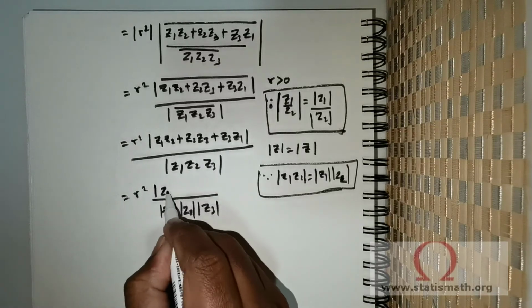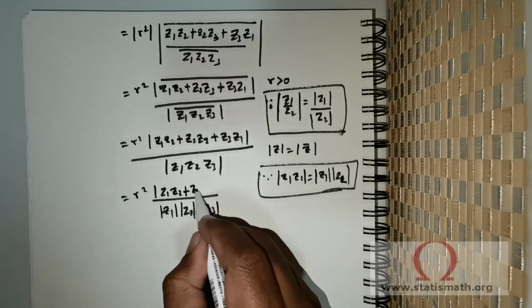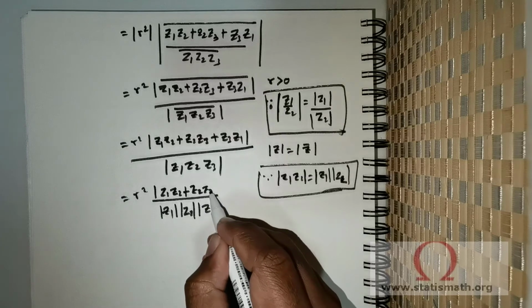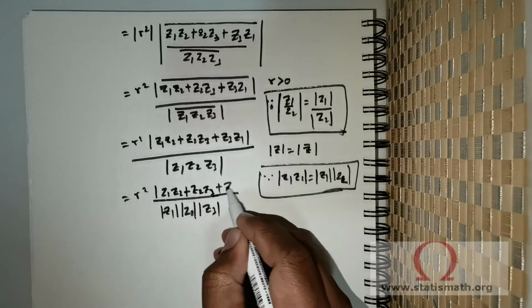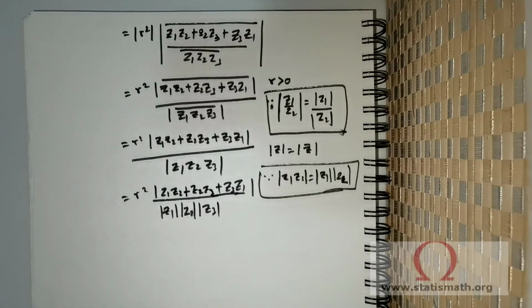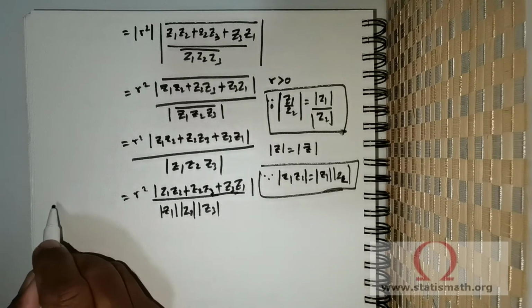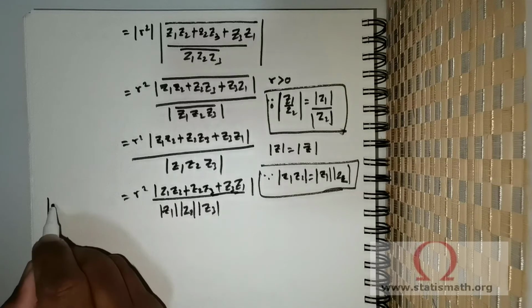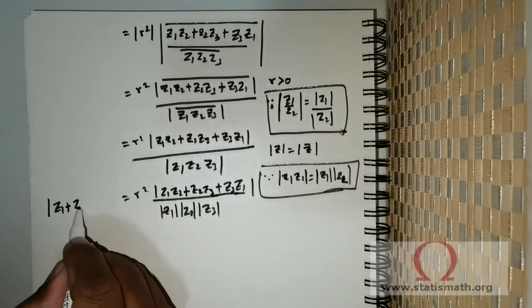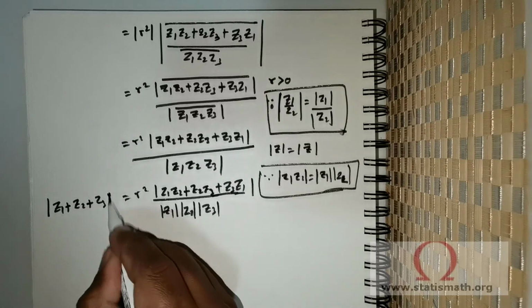It's going to be modulus of z1 z2 added with z2 z3 added with z3 z1. So this is what I have got. Of course we need to place the right hand side also. So on the left side we've got modulus of z1 + z2 + z3. Okay, it's a modulus sign.